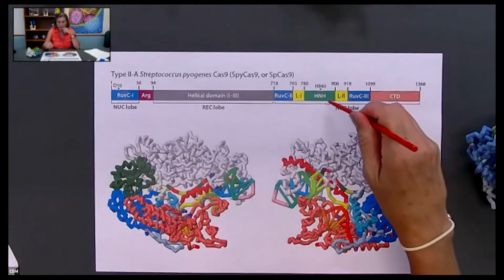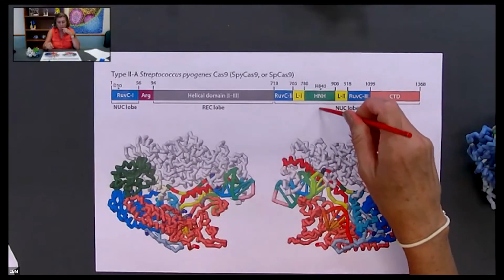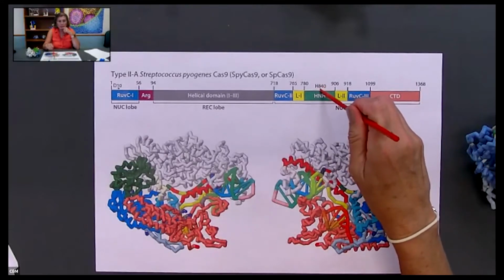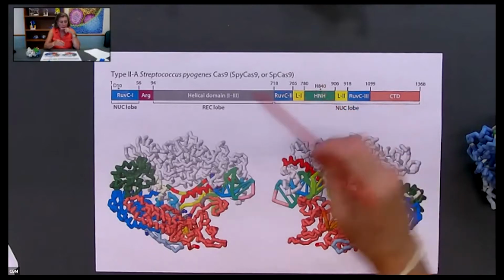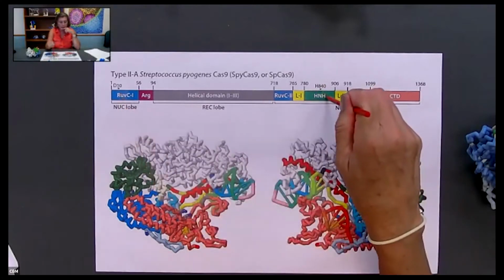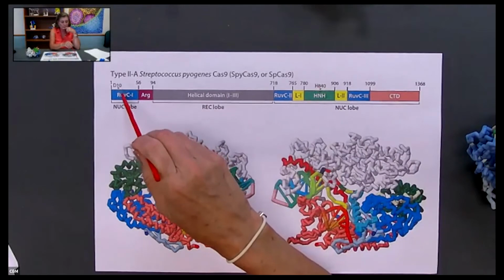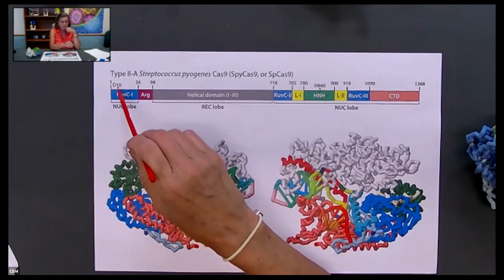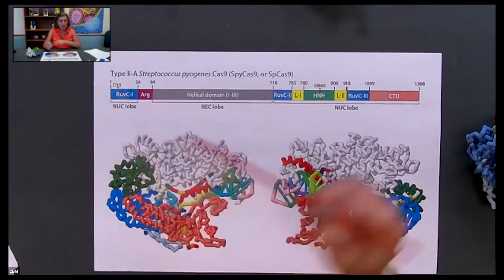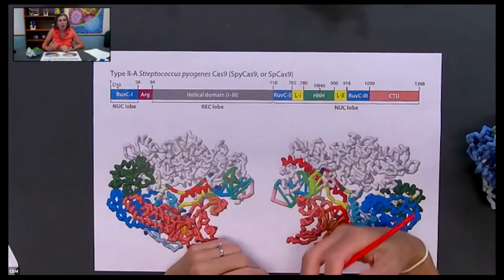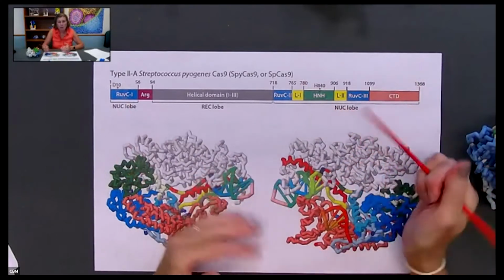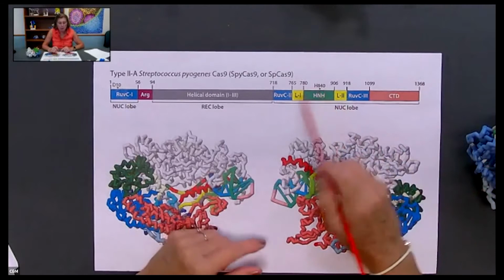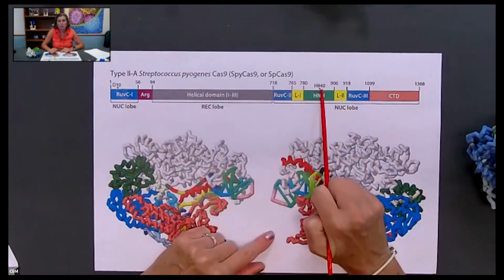And what they have found is that there is a histidine 840 in HNH, and there is an aspartate 10 in RuvC1 that are invariable. So no matter where you see this, there are always going to be those amino acids in those positions.